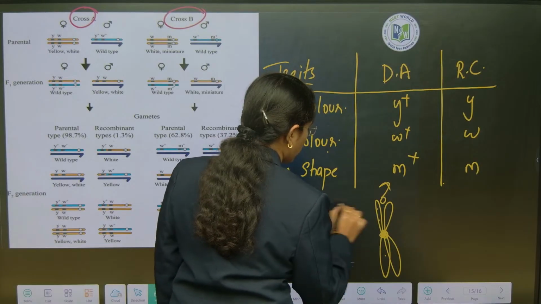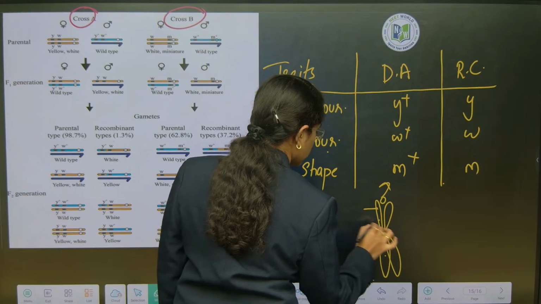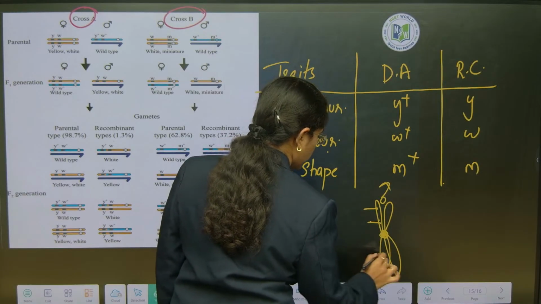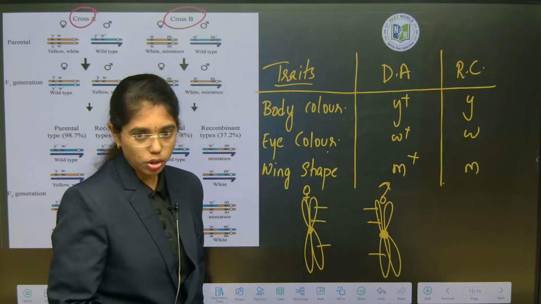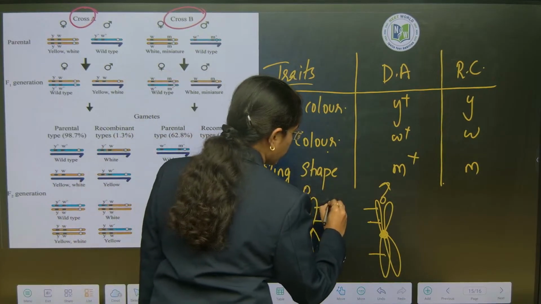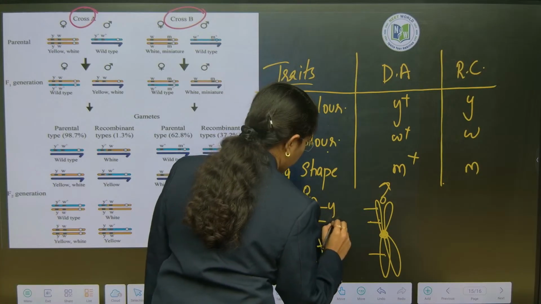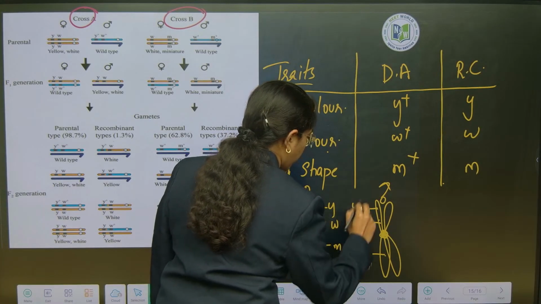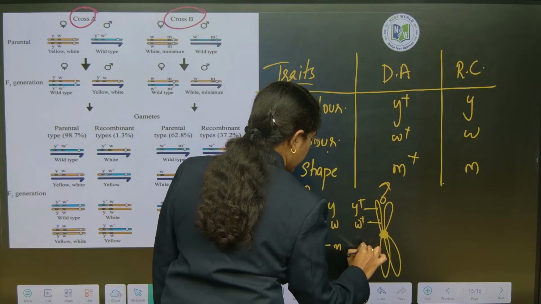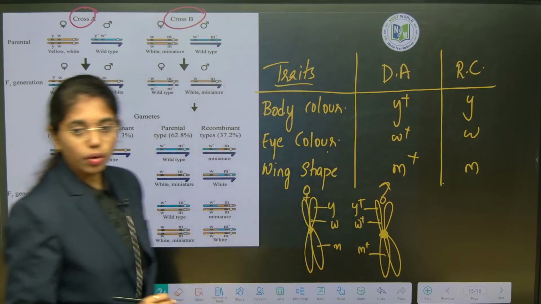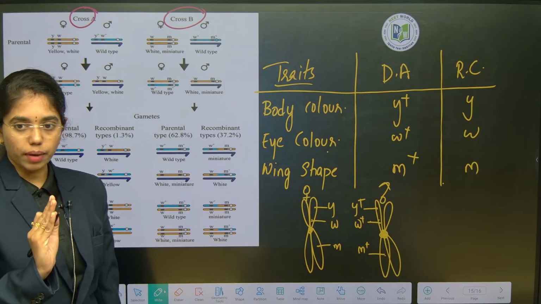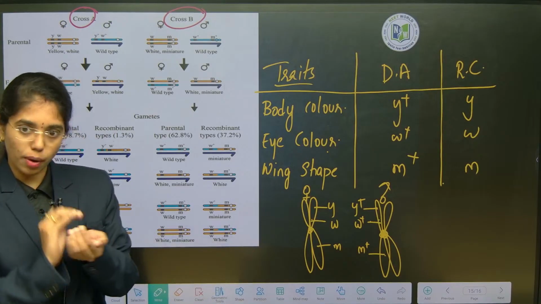Two alleles on the same locus form homologous chromosomes. Here you see y, w, m, y plus, w plus, m plus. Okay. Over the DNA, genes are present. What are chromosomes? Condensed form of DNA.